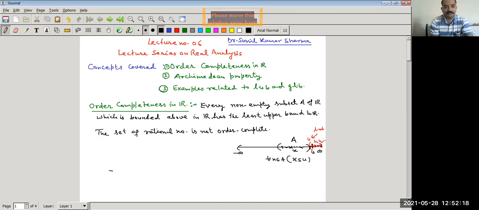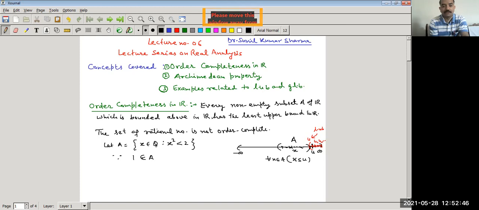For example, let us consider a set A equal to the set of x such that x belongs to the set of rational numbers Q and x square is less than 2. Now, 1 belongs to set A, since 1 squared is less than 2.